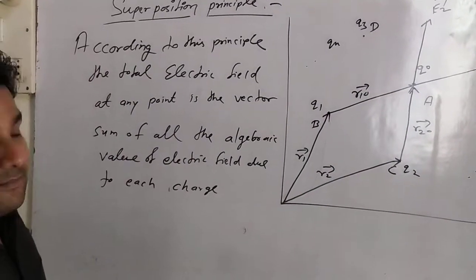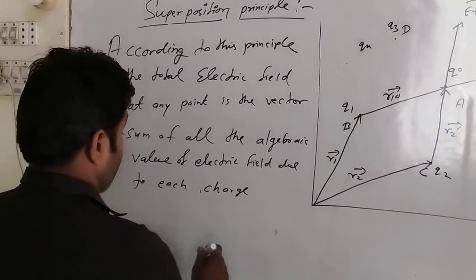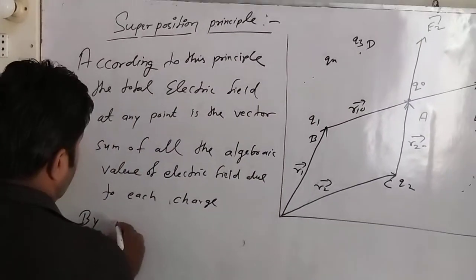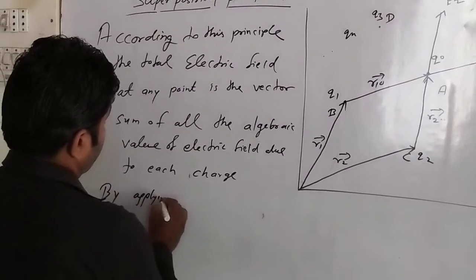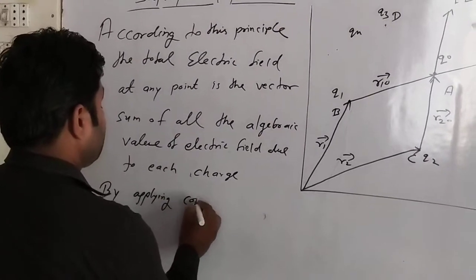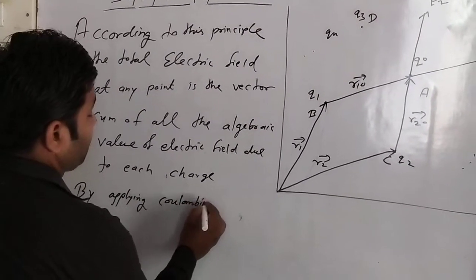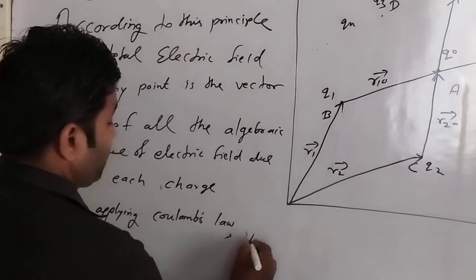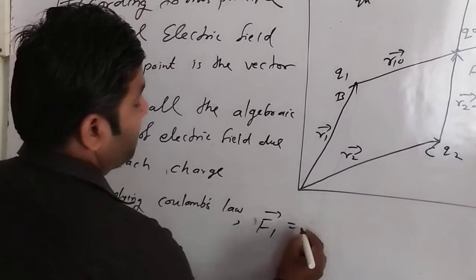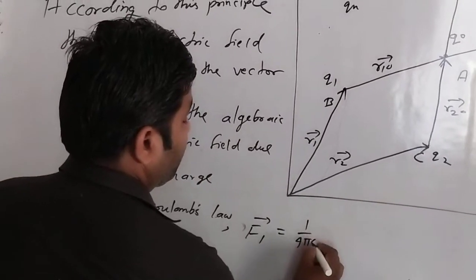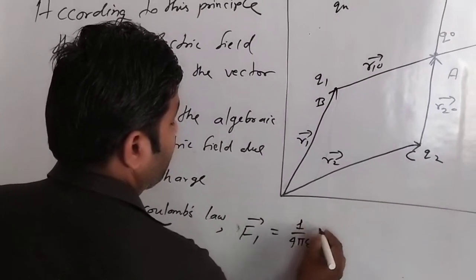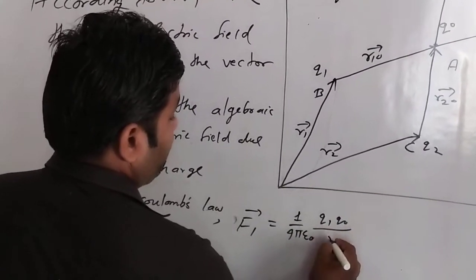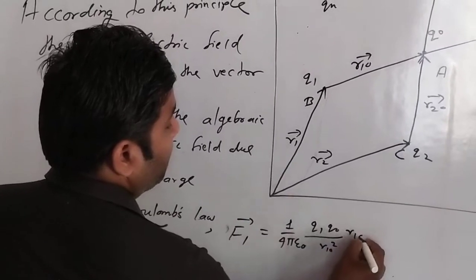So by applying Coulomb's law between charges Q1 and Q naught, F1 is equal to 1 upon 4 pi epsilon naught, Q1 Q naught upon R1 naught square, R1 naught unit cap.